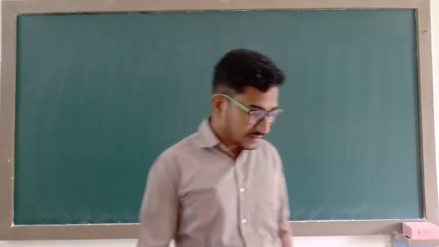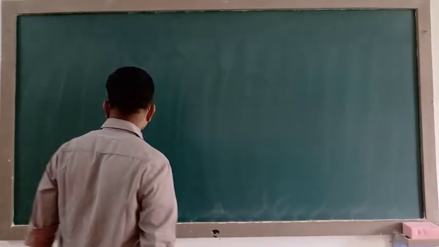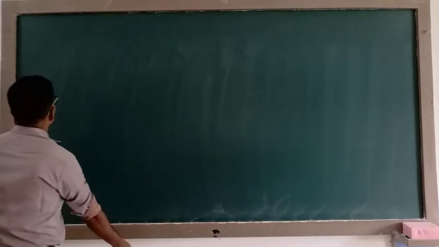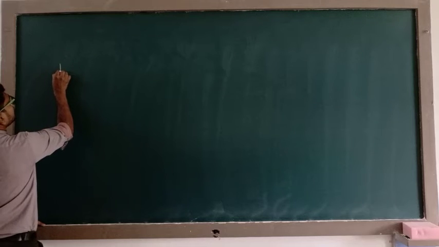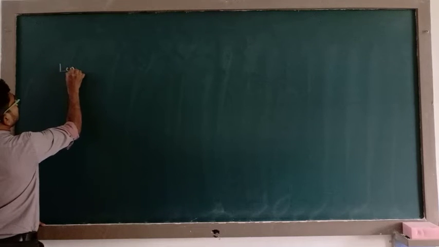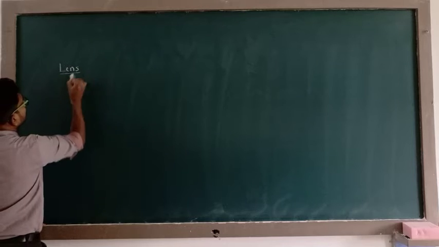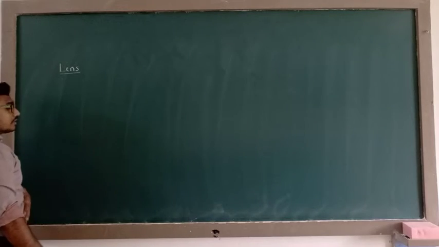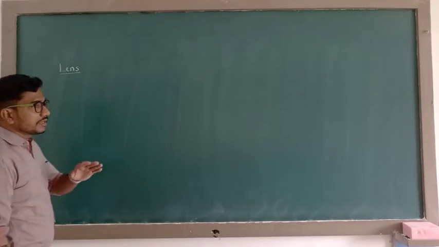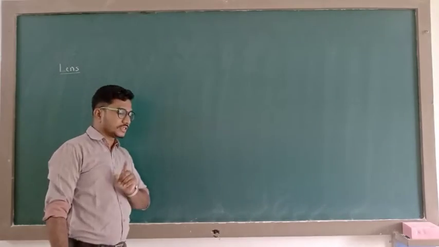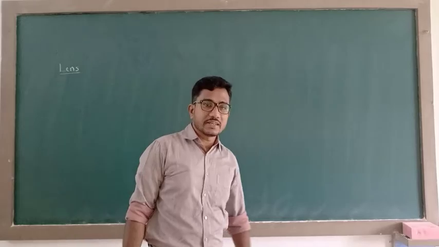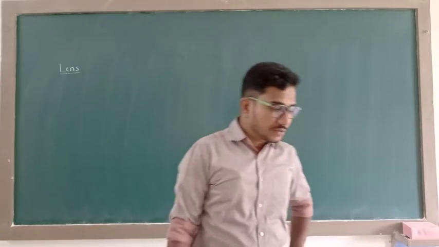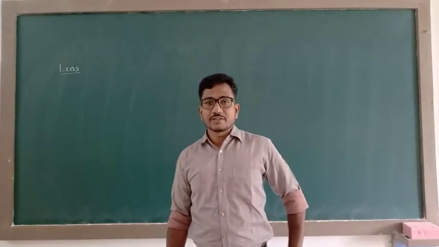The first, the definition of lens. So lens, it is bounded by two surfaces. It is a homogeneous optical medium that is of uniform density, bounded by two spherical surfaces.